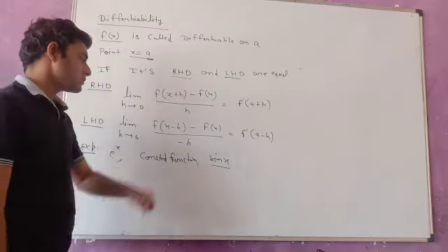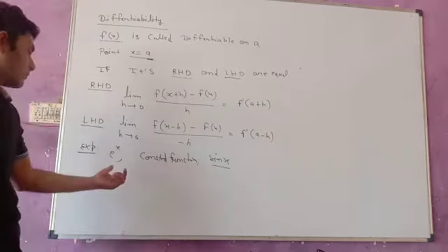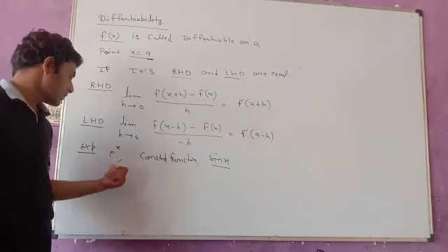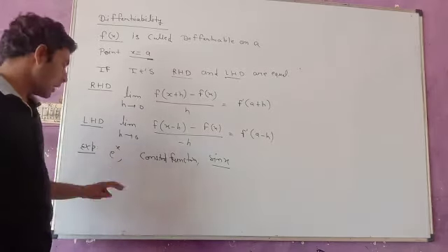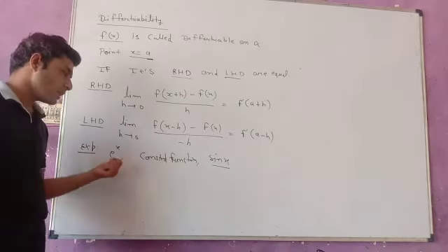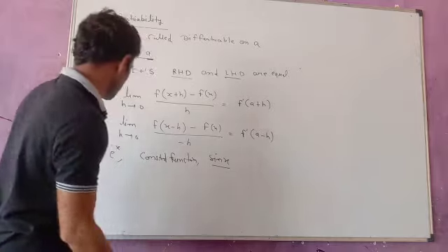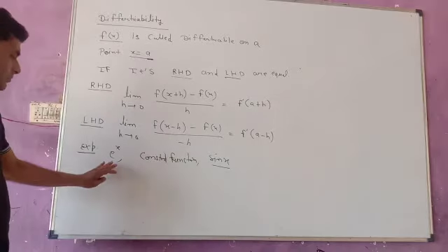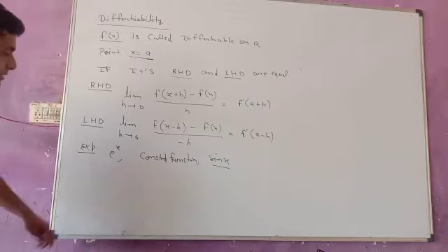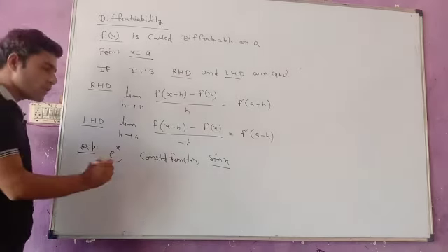These three functions, and we have more functions, are differentiable at every point of R. R is the set of real numbers: e power x, any constant function, and sin x. Now we have to prove e power x is differentiable at every point of R.